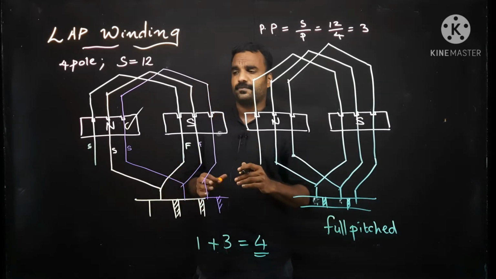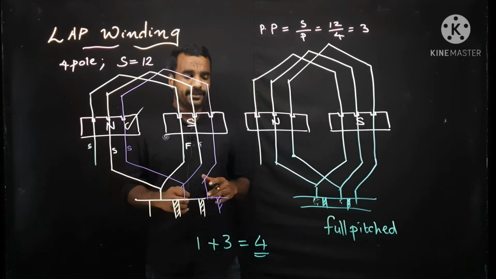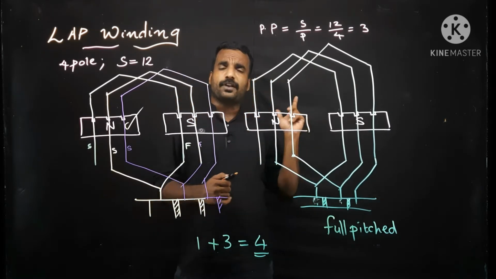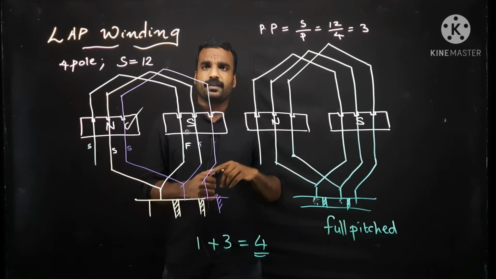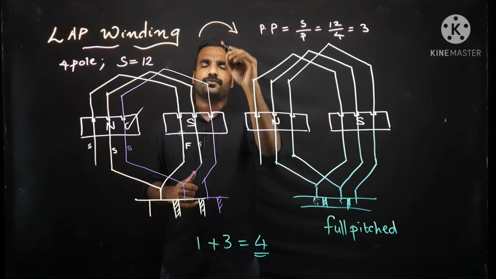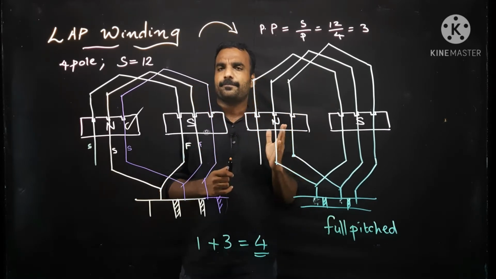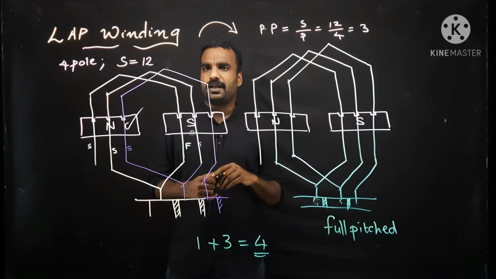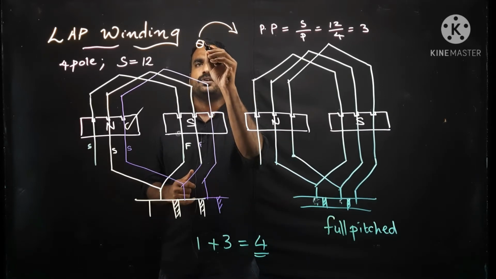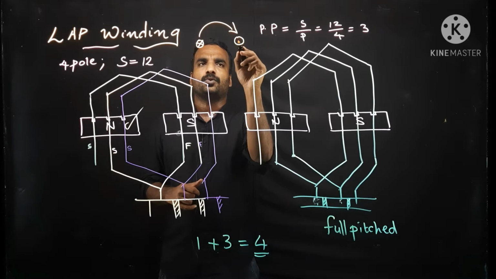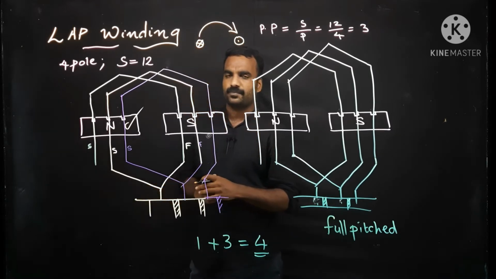That is the definition. Next important thing, while applying Fleming's right hand rule, by assuming a clockwise direction of rotation for the rotor, we got some current direction. Under north pole it was cross and under south pole it was dot.